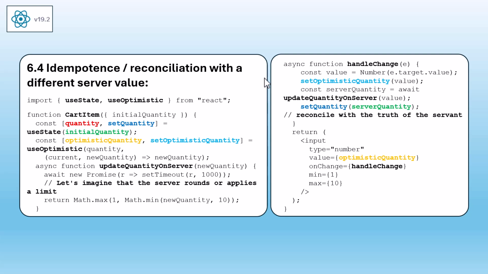For instance, what happens if the server returns a different value? How do you merge that back safely? Use in moderation. Optimistic updates are best when the user is highly likely to succeed, e.g., toggling a like. For operations with high risk or complex side effects, a more conservative approach may be warranted, e.g., show a loading spinner until the server confirms.